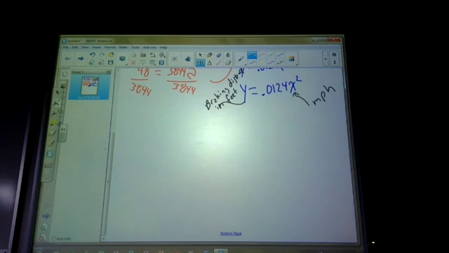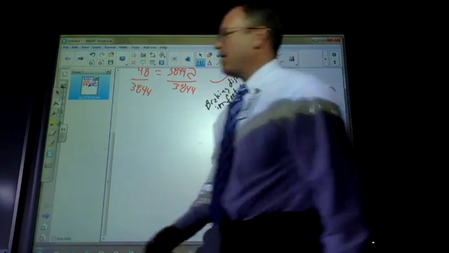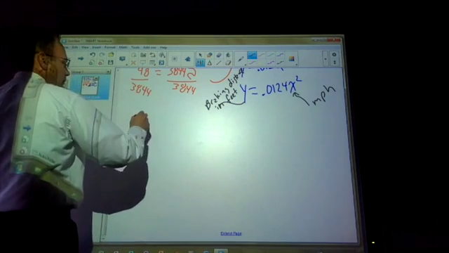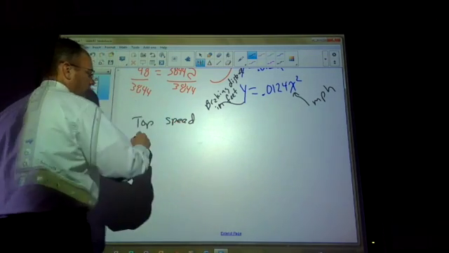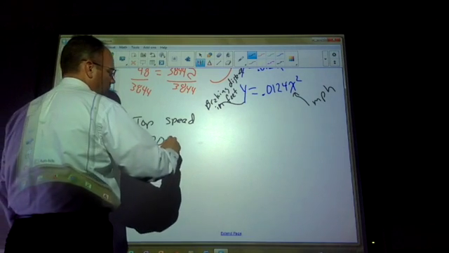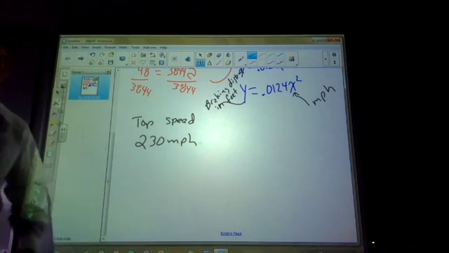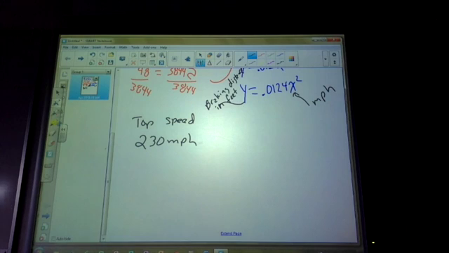It moves fast. So let's figure this out. So let's say we know that the top speed of our car is 230 miles per hour. That is fast. Yes. I mean, you're moving. I think it'd be kind of fun to go that fast. I don't know if you could actually pull it on I-25, but hey.